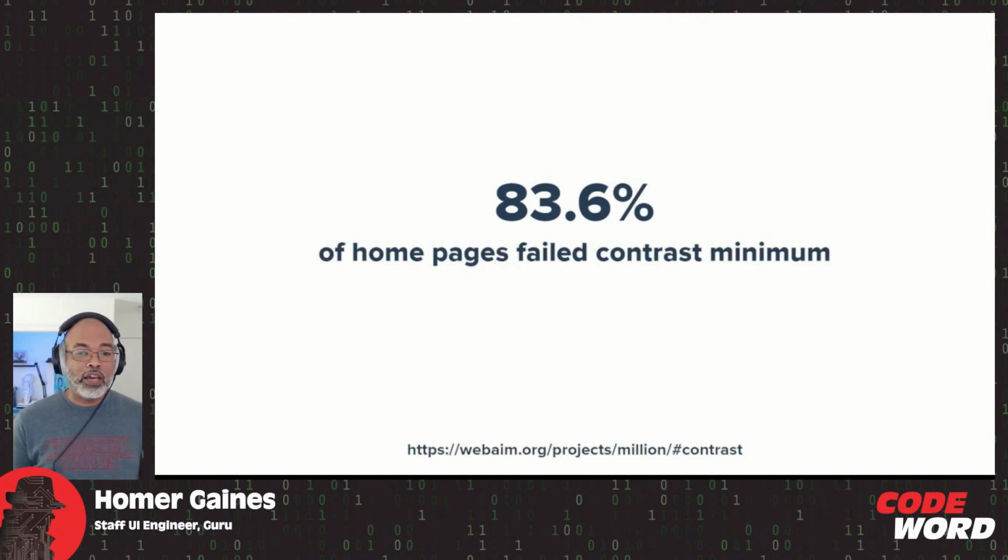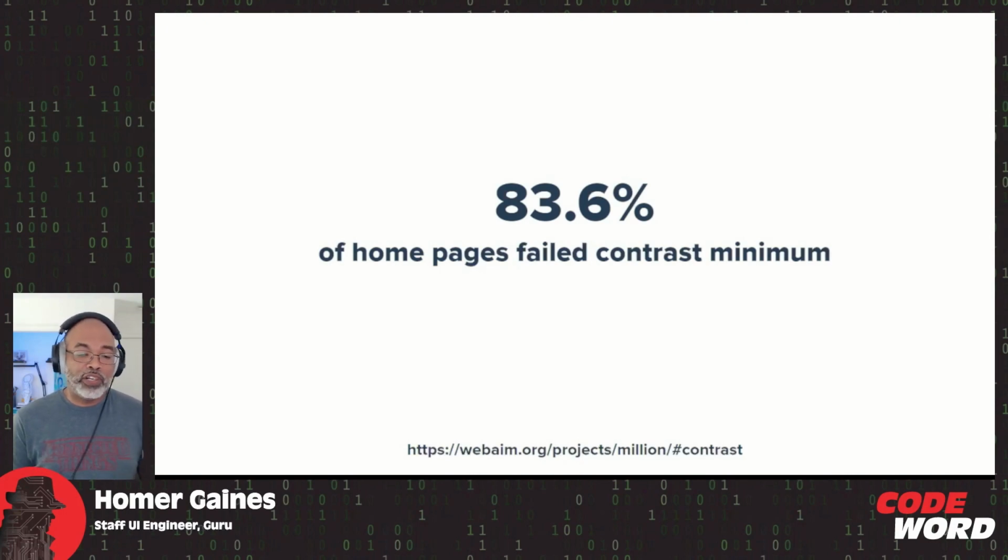But what they have found is that 83.6% of the homepages that were tested have some type of contrast minimum failures. So there's a lot of opportunity for all of us to pay attention to the content that we are designing and developing to make sure that it is meeting the minimum requirement for our users to be able to perceive.